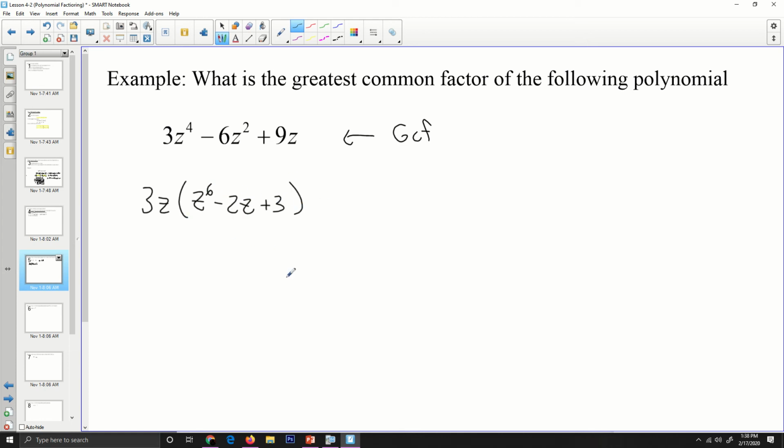And whoa, I have a 6 there. I said it right, but did not write it correctly. So let's fix that, because 3z divided into 3z to the fourth is just z to the third. That was a mistake on my part. I think that's all I'm going to be able to do with that one. So we're going to leave that one alone and move on, because I think this thing is going to need the quadratic formula to get zeros out of that one.